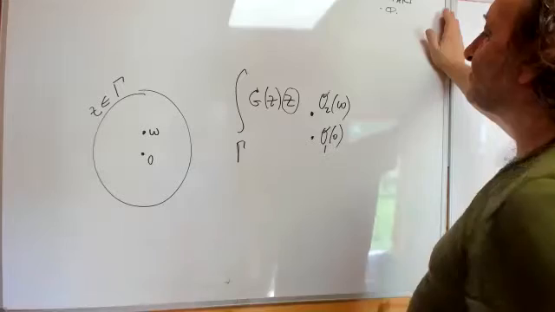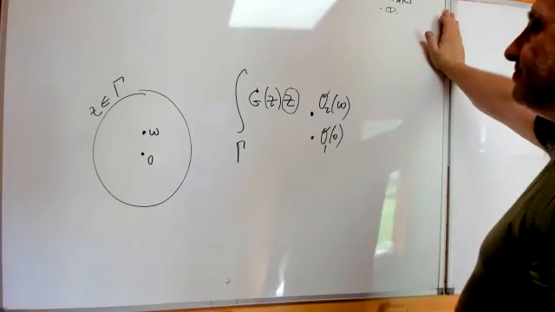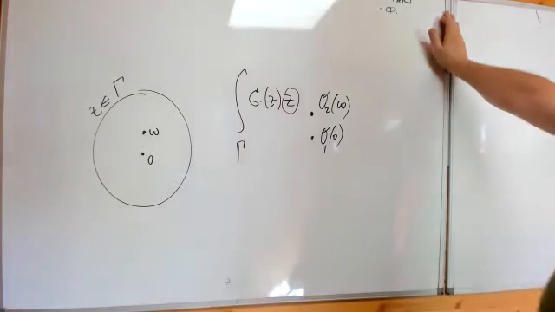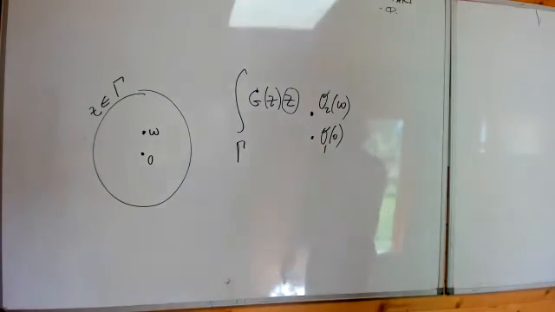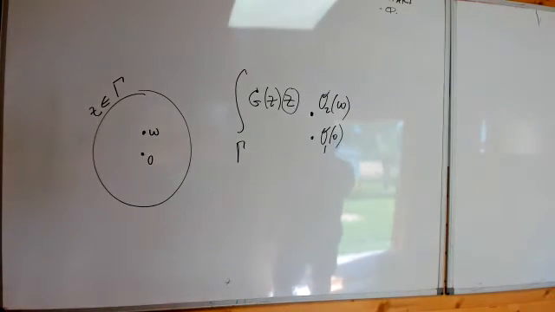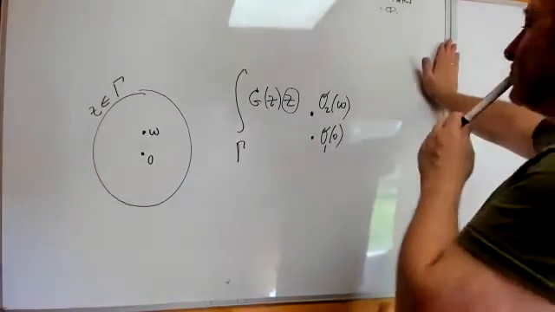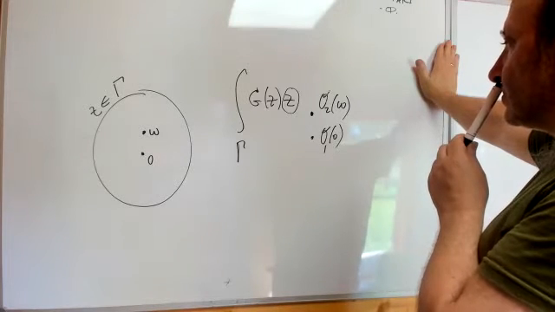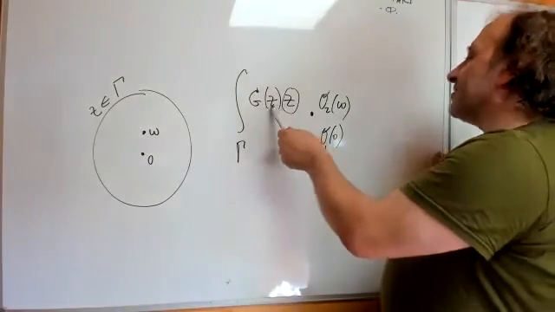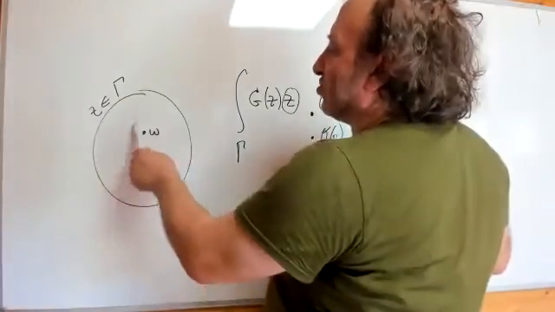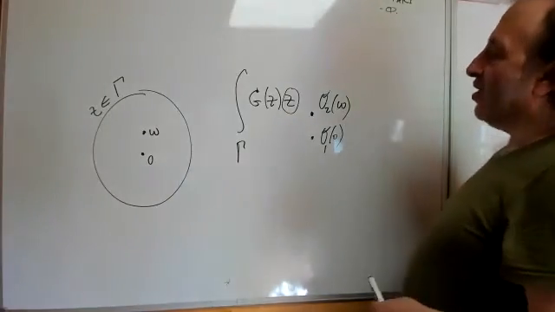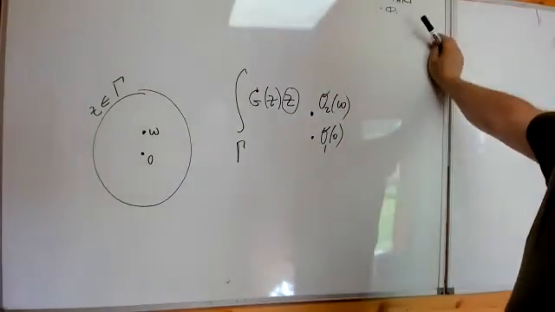Another term would come if the contour surrounds W. However, if the contour surrounds W, I will actually have two terms.